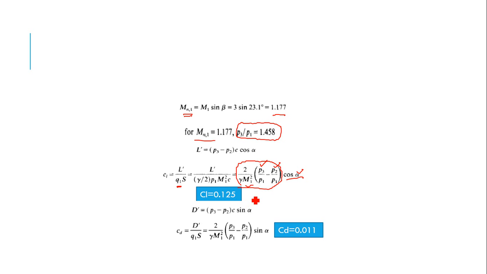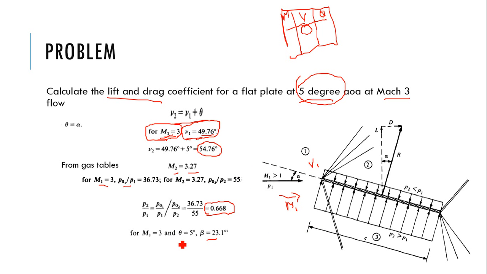So by substituting we can get the value for CL. In the same way, by substituting the Q infinity value, we can find CD also, using P3 by P1, P2 by P1 and sin alpha. This is how we can find the value for CL and CD.